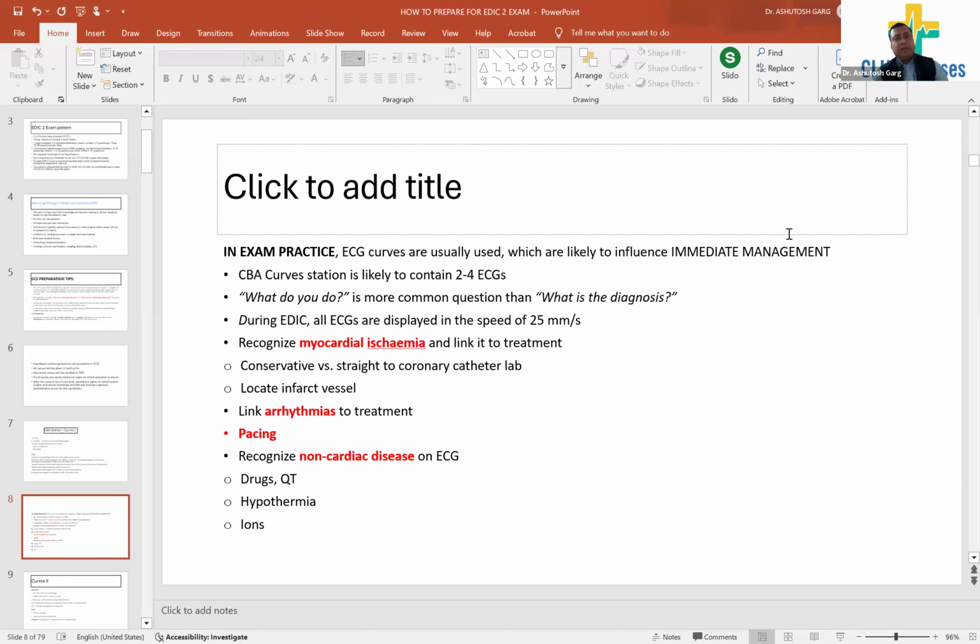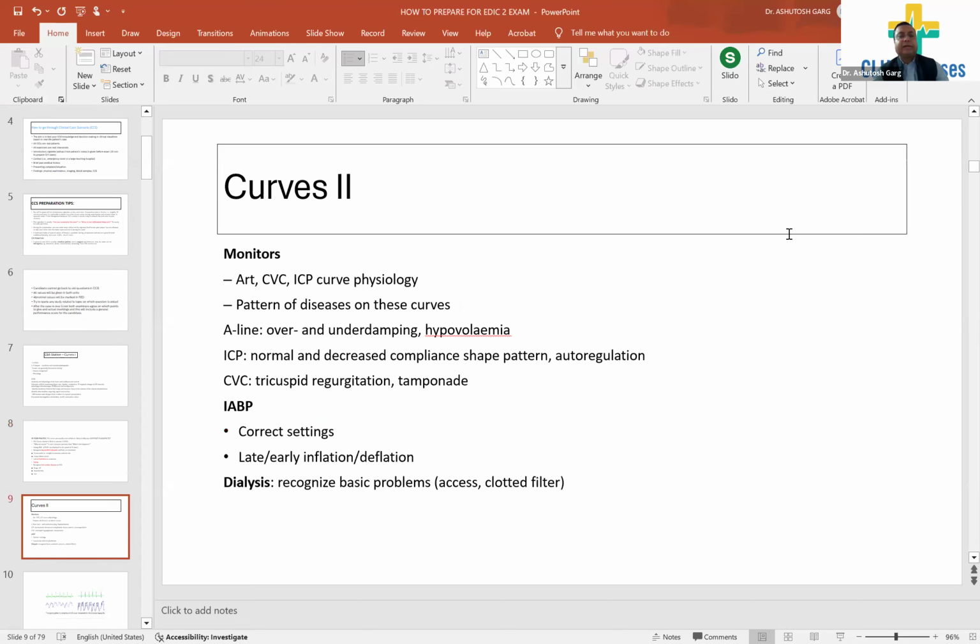So usually they ask these things. So you can get at least one question from the arrhythmias, one question from the MI, one question from the pacemaker, or one question from the electrolytes or some QT abnormalities. So there are 3 or 4 ECGs you will get in the exam.